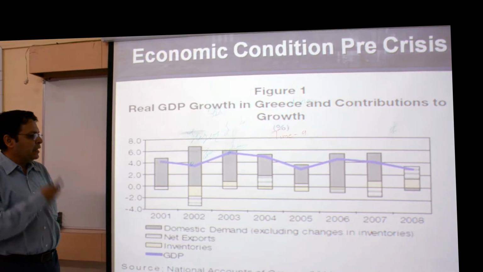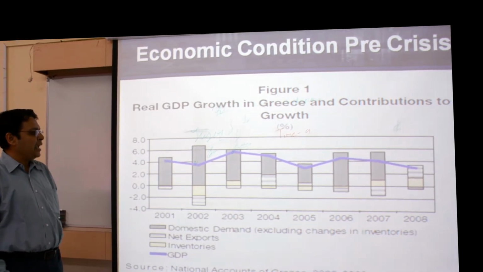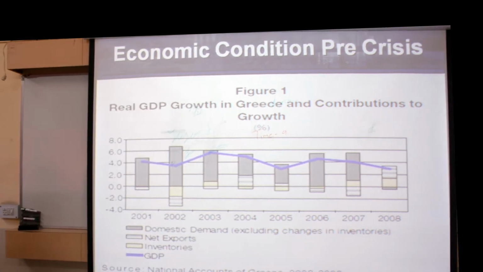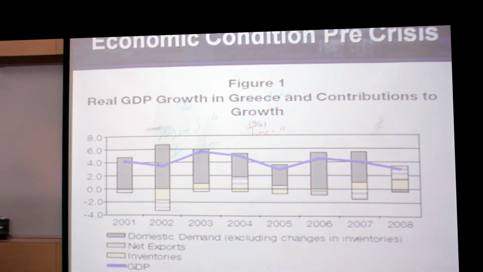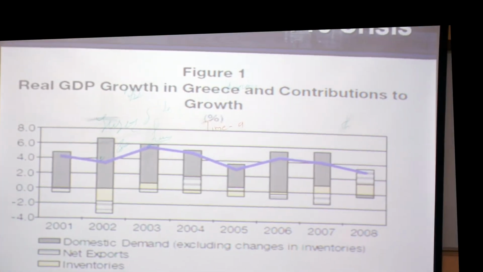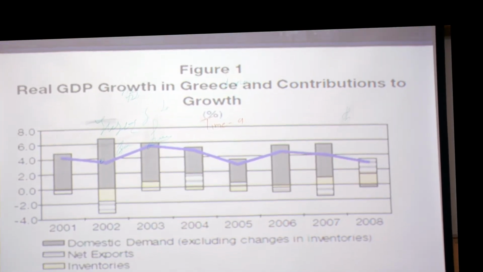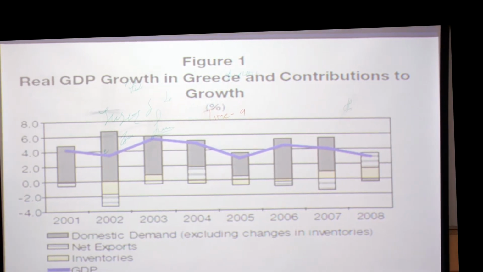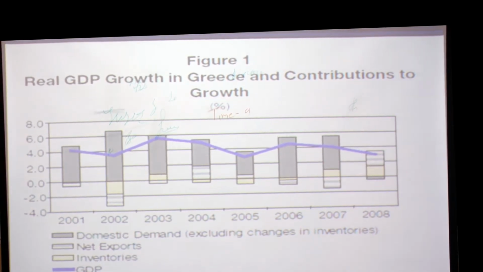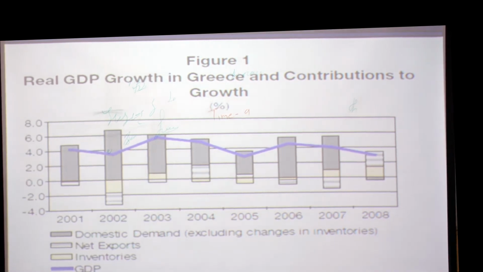But when it comes to the year 2008, the domestic demand dwindles a lot. So this is one very important feature of Greece's economy to understand. Just in the pre-crisis year, the contribution of domestic demand to Greece's GDP or national income dwindled to a very minimal level.